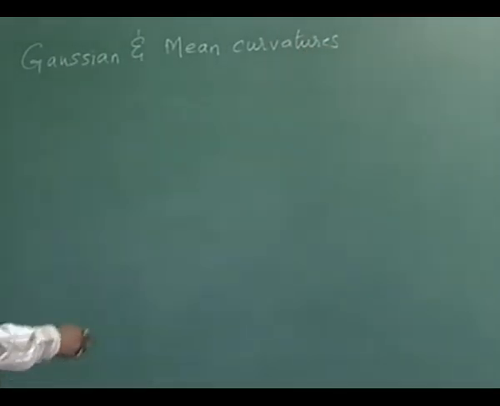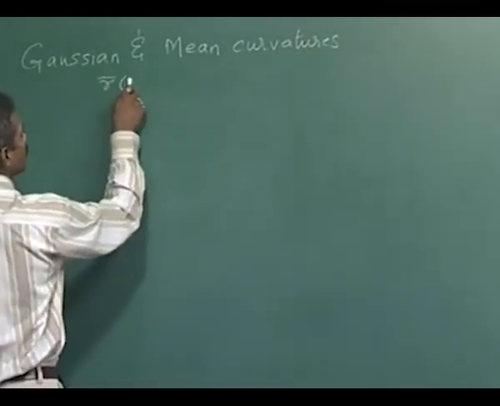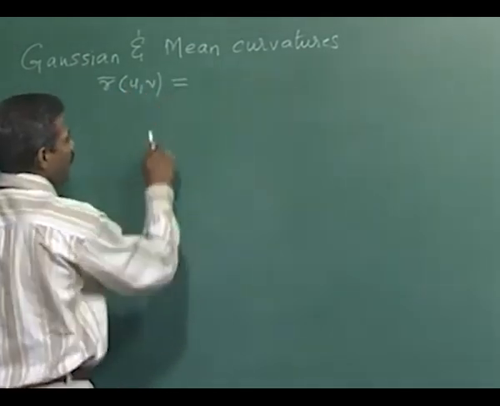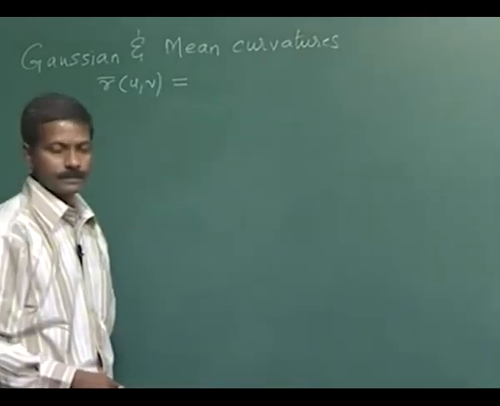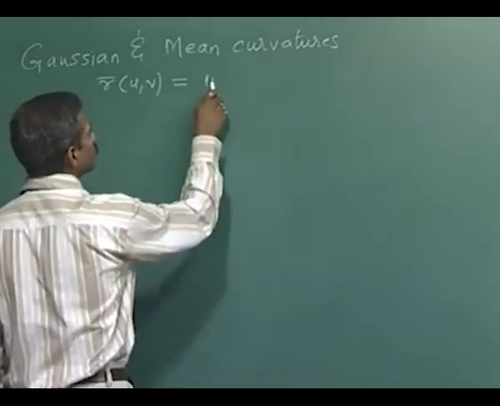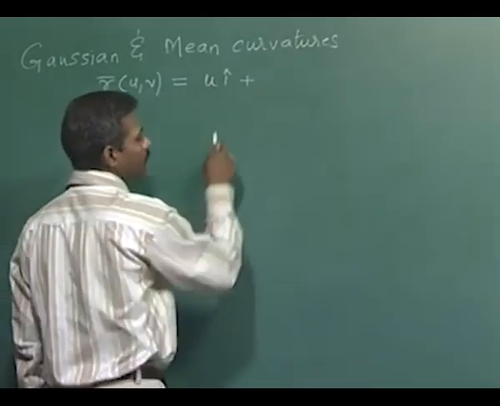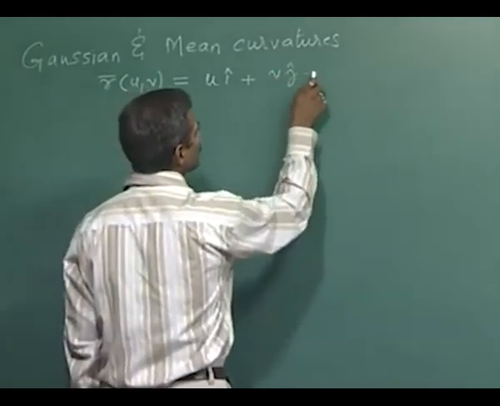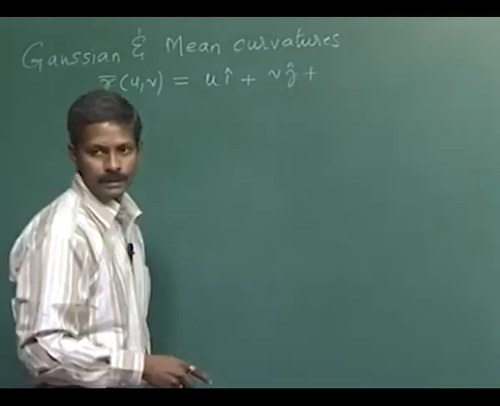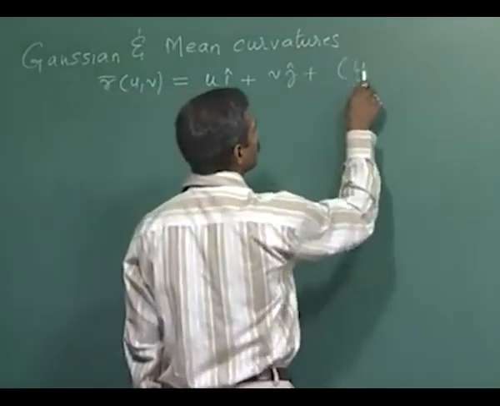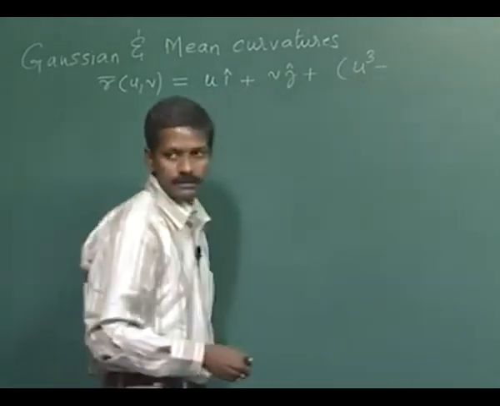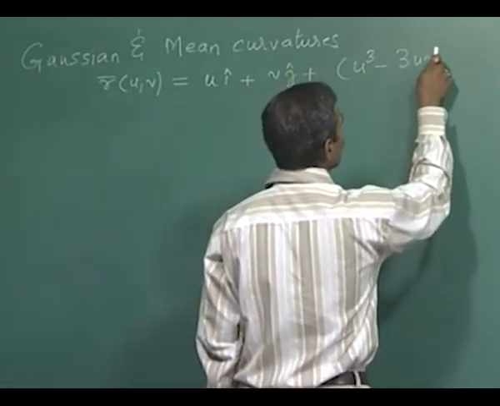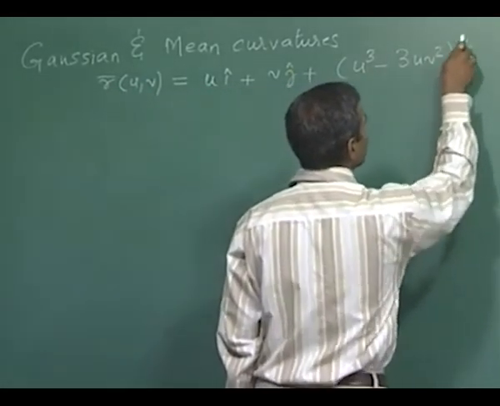The monkey saddle is given by r, a function of two parameters u and v, as u times vector i plus v times vector j plus (u cubed minus 3 u v squared) times vector k.